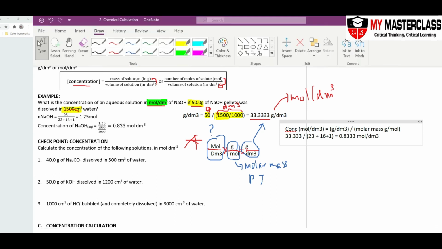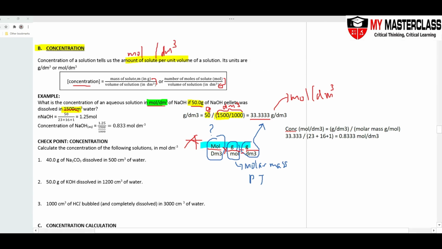Please remember this equation to help you convert between the two concentration units, mole per dm cube and gram per dm cube. To convert mole per dm cube to gram per dm cube, you have to multiply mole per dm cube by the molar mass.